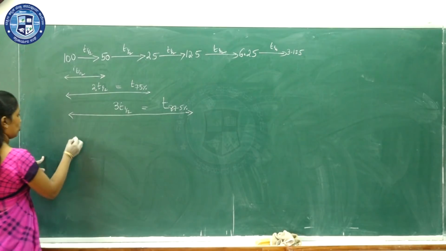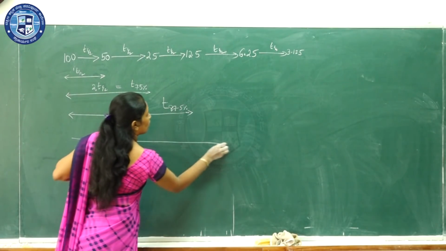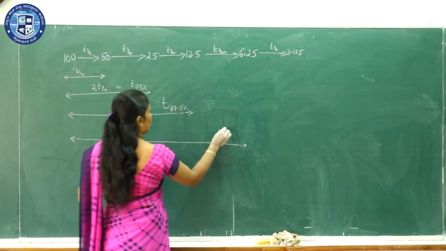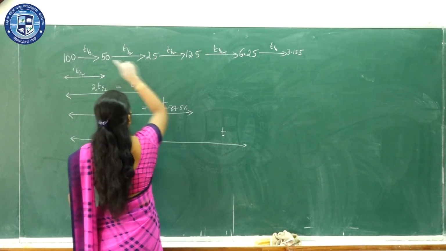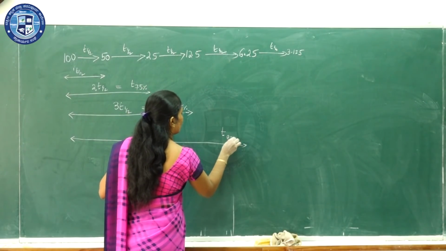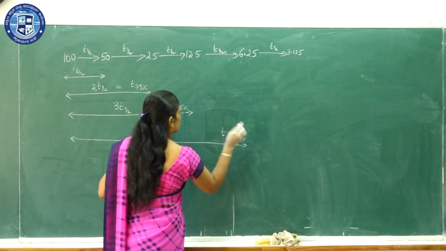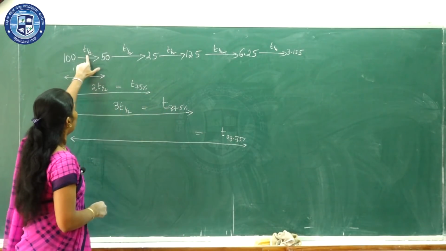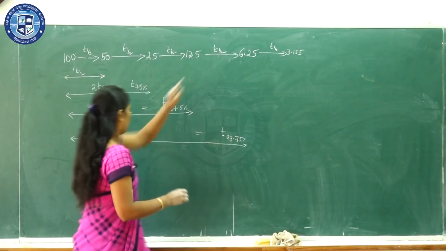Okay, next you go for the next one. Here, see here, how much will be complete reaction from 100 to this? How much will be remaining? 93.75%. So how many T halves? 1, 2, 3 and 4 T halves.